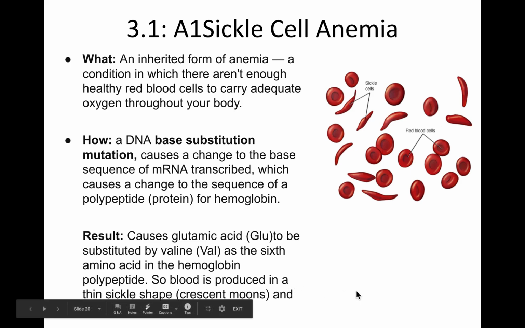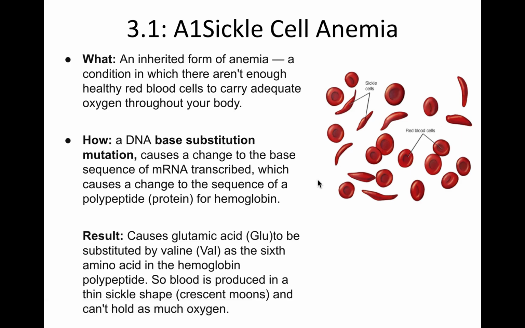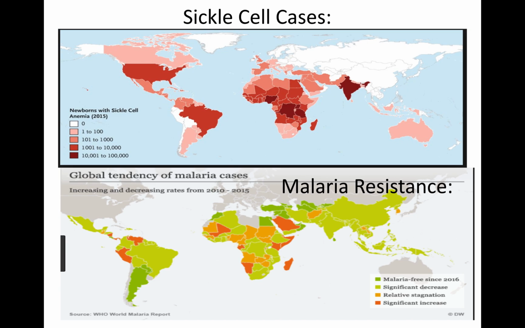So blood is produced in the thin sickle cell shape, which they call a crescent moon shape, and it can't hold as much oxygen. One interesting thing, just as a side note, is that sickle cell is a genetic trait. It's more commonly found in Africa.